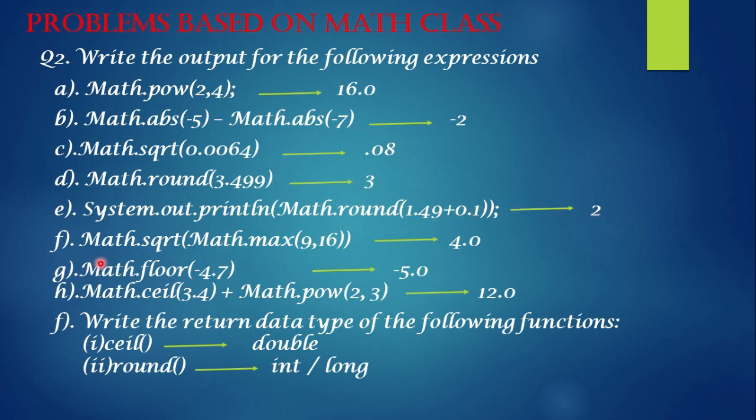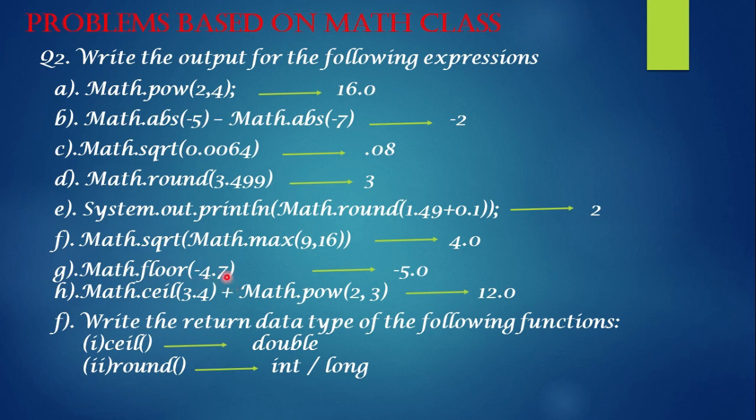Remember, math dot sqrt math dot max 9, 16. Okay, see a combined question over here. You need to calculate the first bracket over here, math dot max 9, 16. So maximum among these two numbers, which is the maximum? 16. Now its square root, 16, its square root 4.0. Now math dot floor minus 4.7.